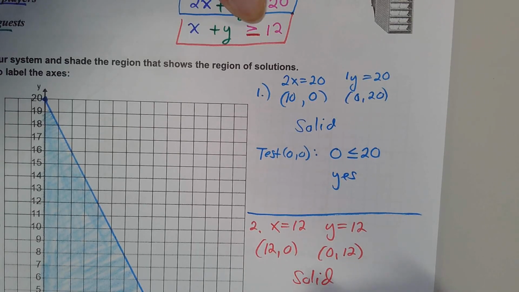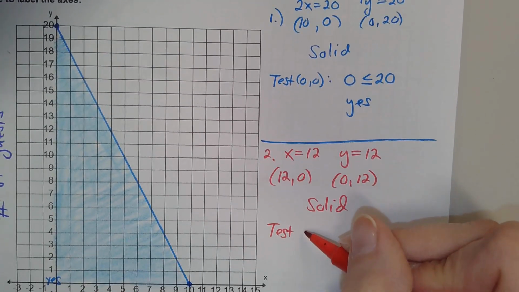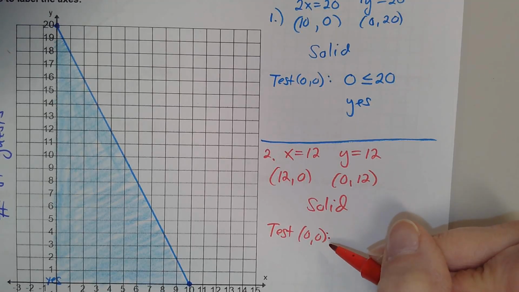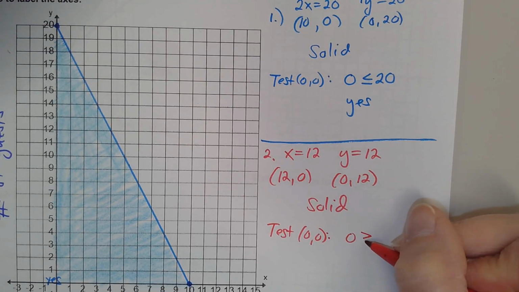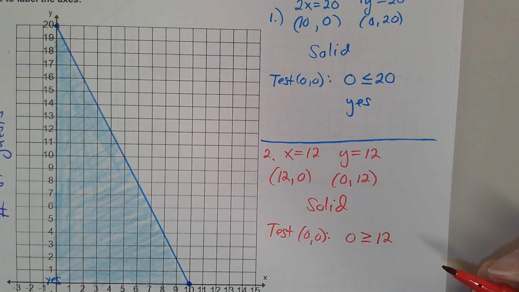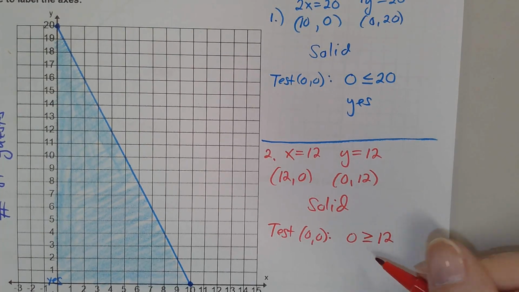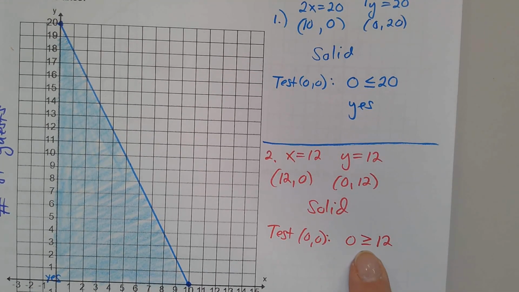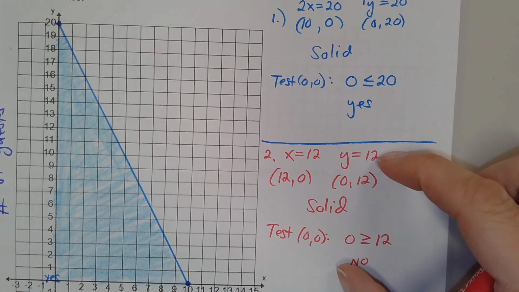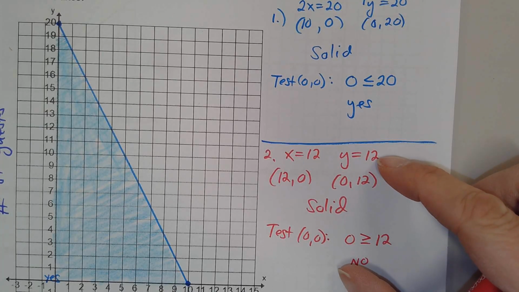And now it's time for me to test 0, 0. So is 0 more than or equal to 12? And the answer is no. 0 is not more than 12. Let's go graph this with our second color.